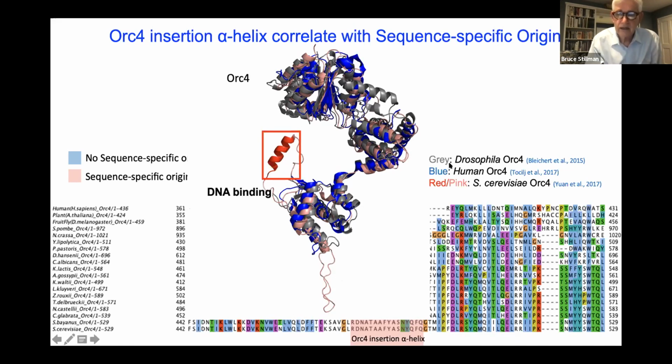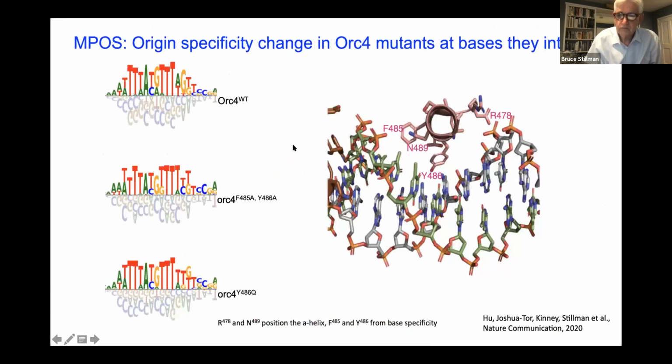These ORC4s from Drosophila and human, now at high resolution, have a small loop here, but no alpha helix.